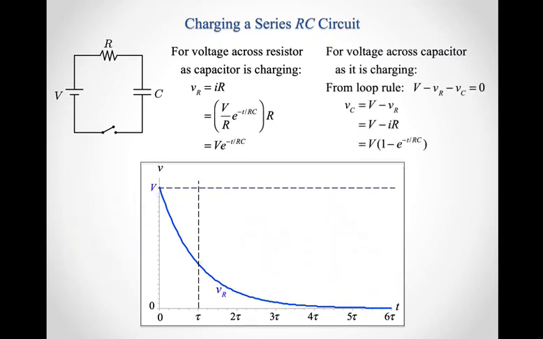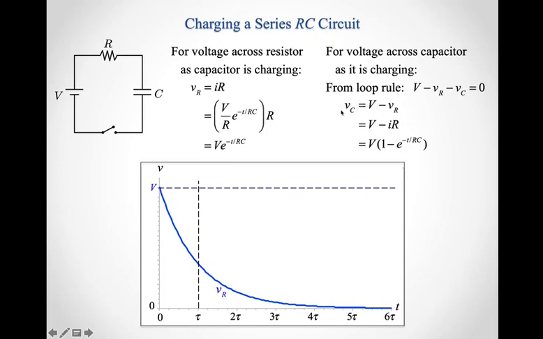Well, of course, I can think about the voltage across the capacitor as it's charging. That will also change just like the voltage across the resistor. So as more and more charge builds up on the capacitor, its voltage will increase. After t equals 0, I have 3 terms in my loop rule, because now once charge starts to accumulate on the capacitor, it also has some voltage.